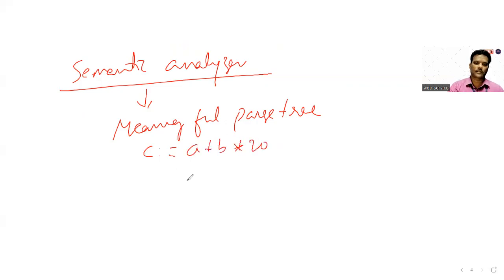So this is the parse tree: equals, with C on one side and plus on the other, A plus B star 20. Is it a meaningful parse tree or not?